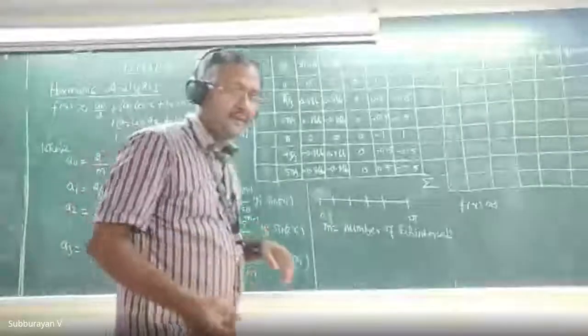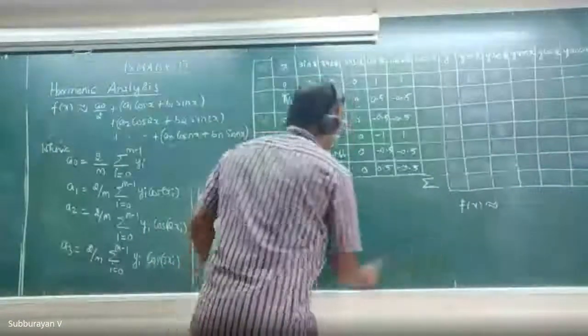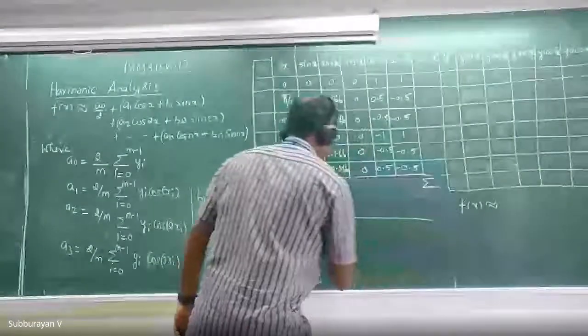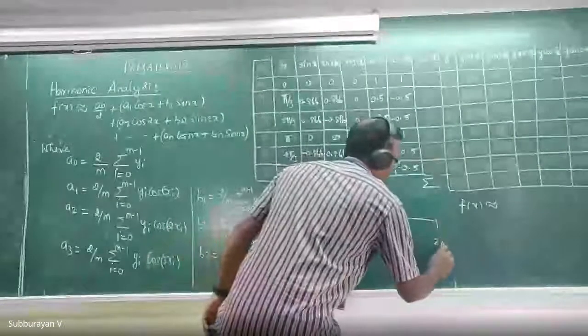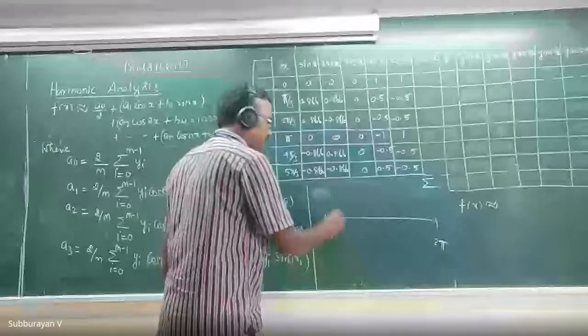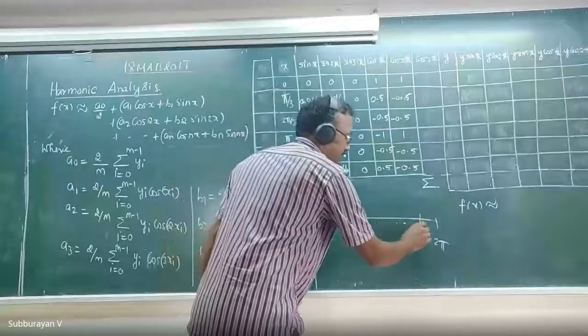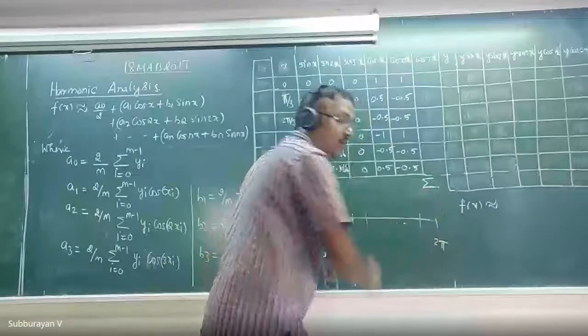Say for example, if you are solving the problem in the domain 0 to 2 pi, we are going to have nodes in this interval. For example, node 1, node 3, node 4, and so on. This is the m minus 1th node. This is the mth node.